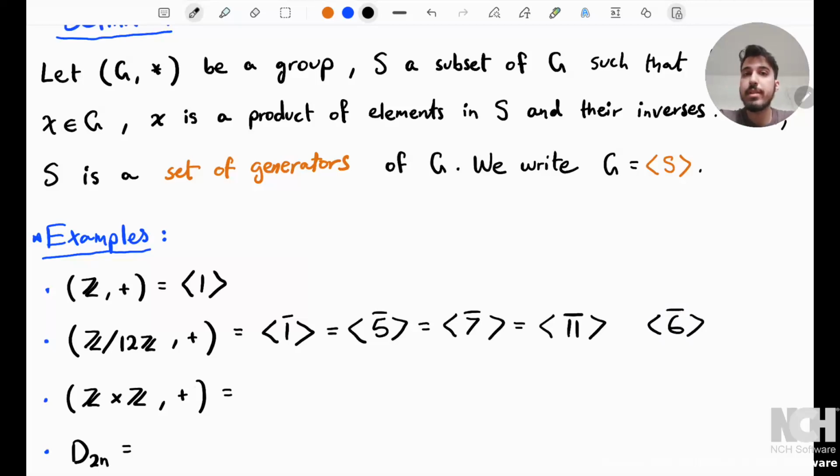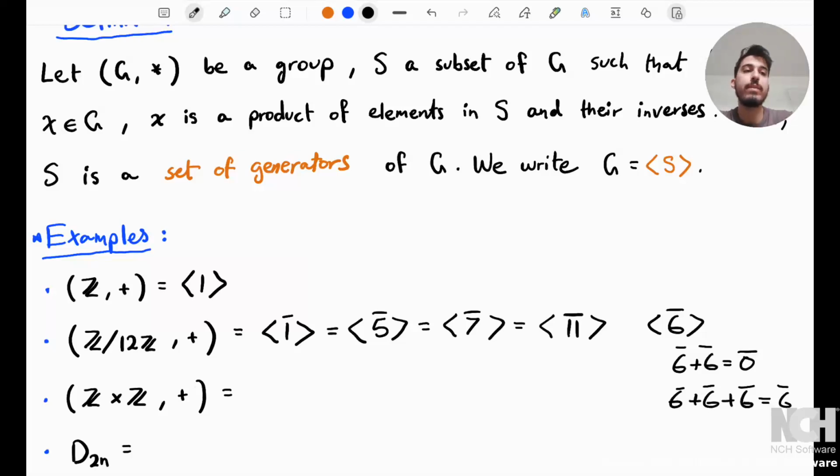Is this a generator of Z mod 12Z? No, because 6 plus 6 gives us back 0. And if you keep adding 6 plus 6 plus 6, that's just 6. And if we add 6 plus 6 plus 6 plus 6, that goes 0. So it's just alternating between 0 and 6. So not all the elements in Z mod 12Z are generated by the element 6.